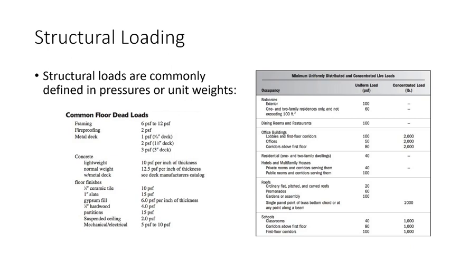I talked about this a little during the project discussion. What we do as structural engineers is we typically specify our loads in terms of pressures or unit weights. To use this building as an example, the first thing that we might do is compute its dead load. Dead load for a building like this is largely going to be its self-weight.